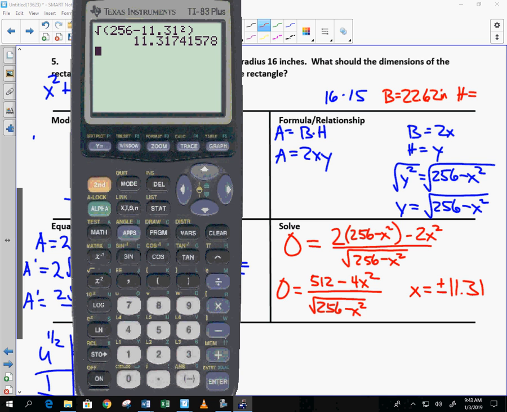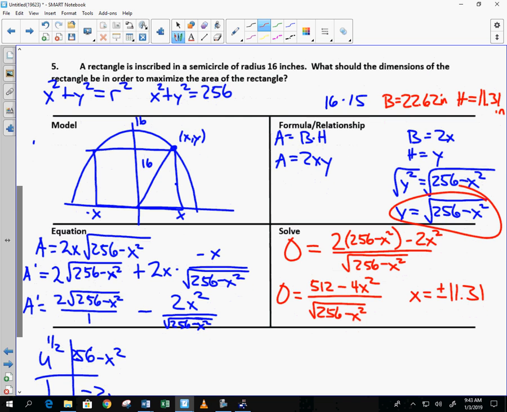Isn't that crazy? You know what it told us? It told us that this is 11.31, and this is 11.31. This is 11.31 as well. Turns out that if you have a square in each quadrant, that's what's going to maximize the area. It's pretty cool.